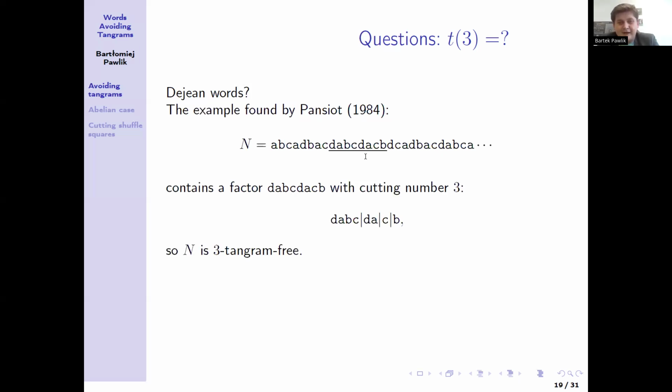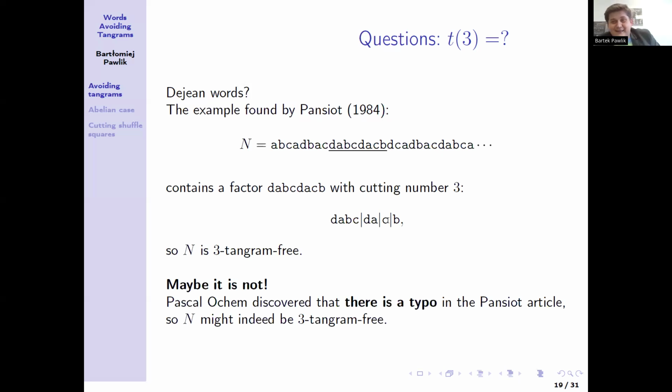Yes? Oh, yeah, this is three cuts. But you see, it might be because it turned out that there's a typo in the Pansiot work, and we did sloppy work and didn't check it, but it was Pascal Ochem who pointed it out, in an email he sent to us a couple of months ago after reading our article.